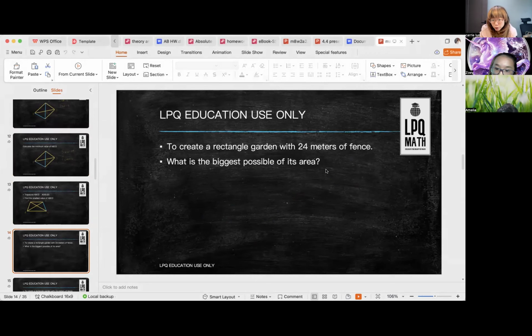Okay, we know we want a fence of 24 meters. And what is the biggest possible area?